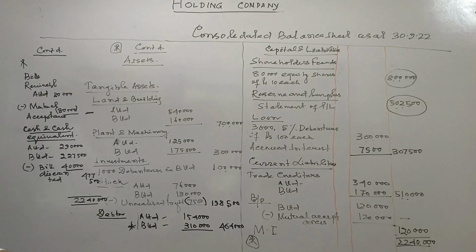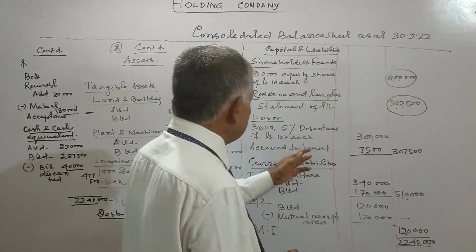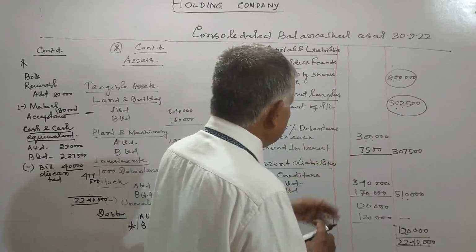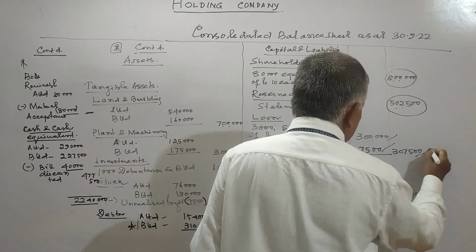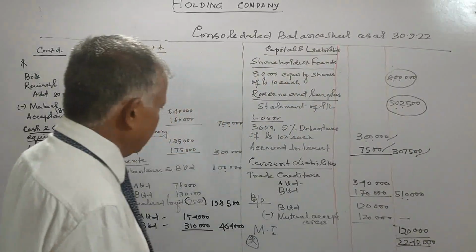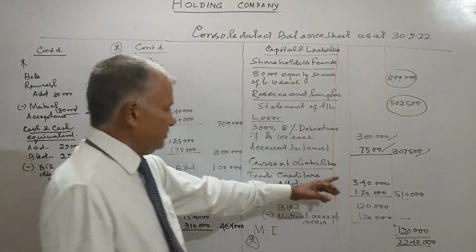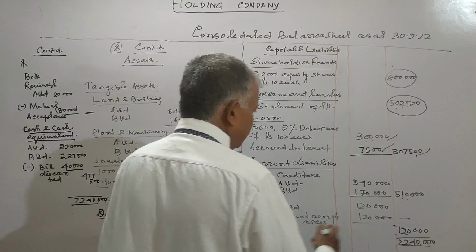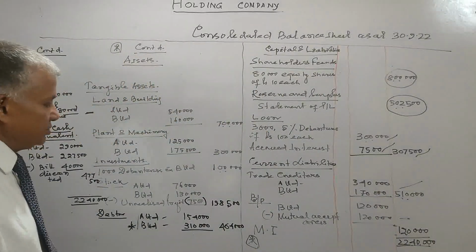Then long term loan, 5% debenture 3 lakh, with accrued interest added, 3,07,500. Then current liabilities: trade creditors, with no mutual debt, 5,10,000.